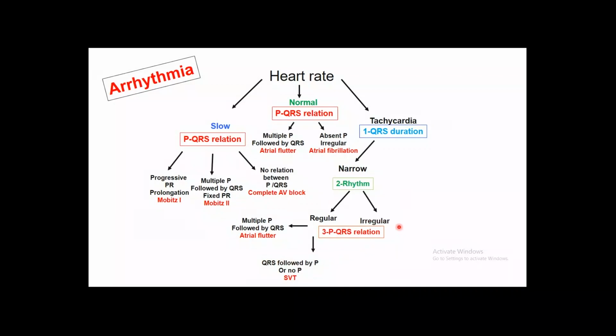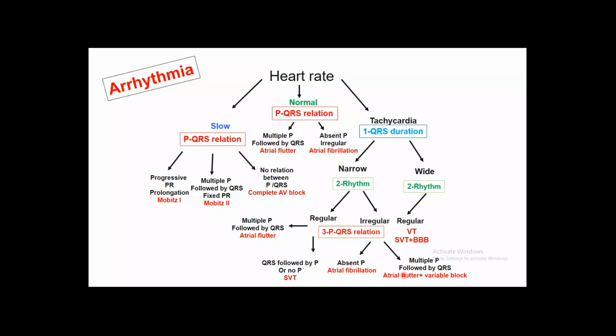If we have an irregular rhythm, then if there is no atrial activity, this will be atrial fibrillation. If we have multiple P waves followed by a QRS complex, this will be atrial flutter with variable atrioventricular nodal block.